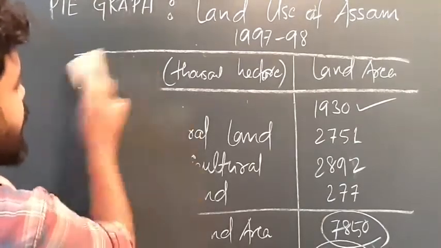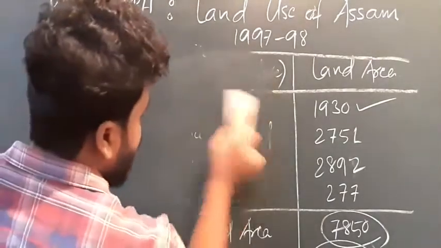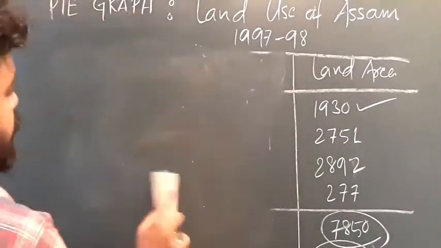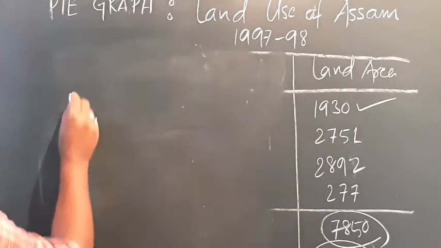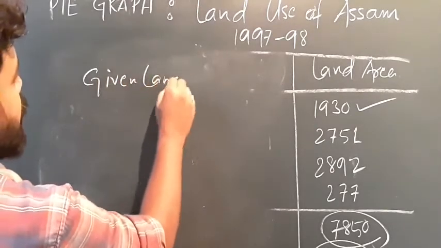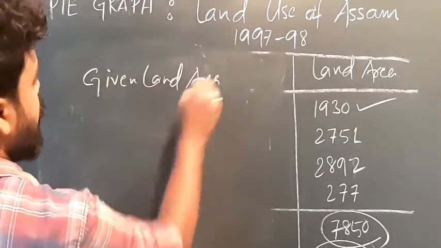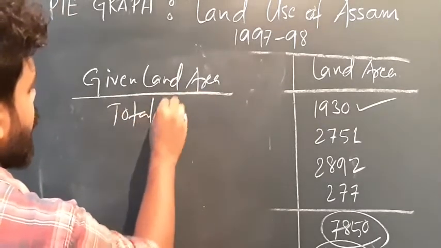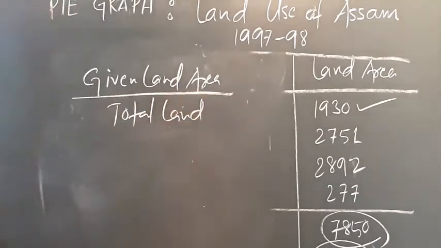One formula is there. The formula is: given land area divided by total land area.